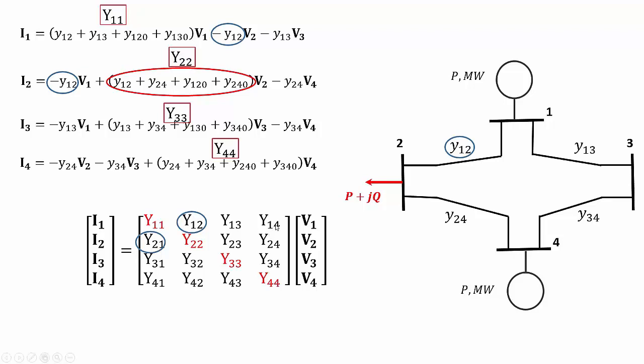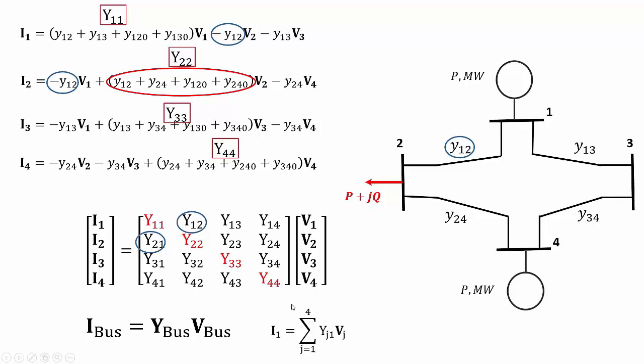Y14 equals Y41, and bus number 1 and 4 are not connected, so it's 0. And you will check the equations, you will find that I1 doesn't have V4 and I4 doesn't have V1, and so on. So this is the bus currents. I bus equals Y bus multiplied by V bus.